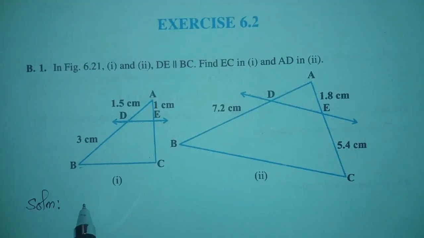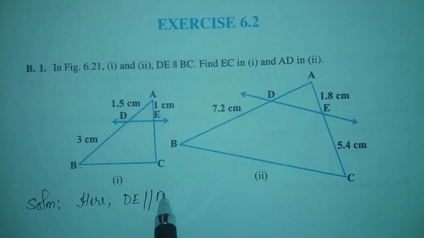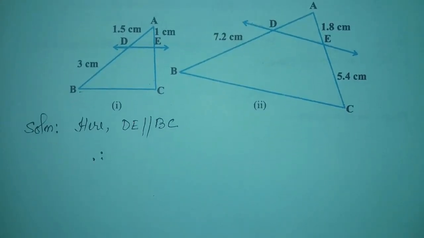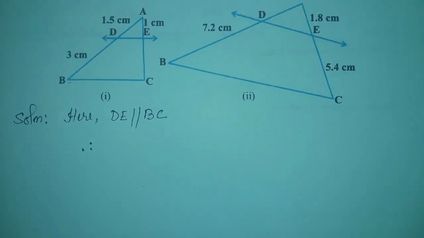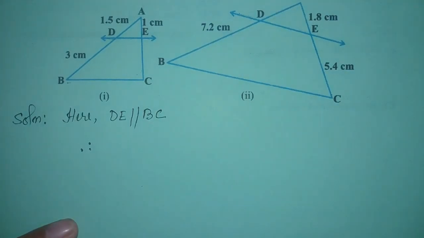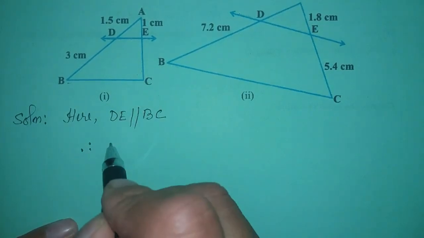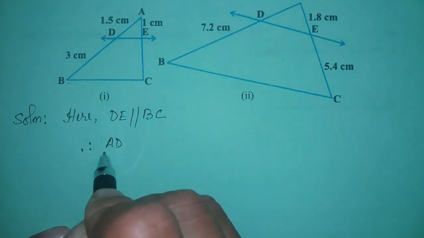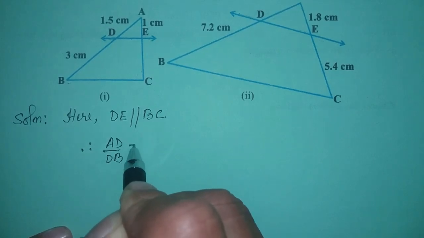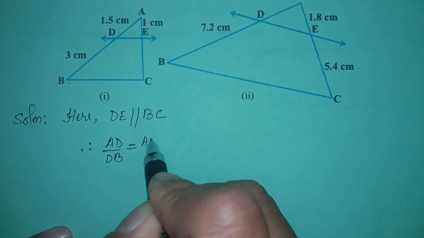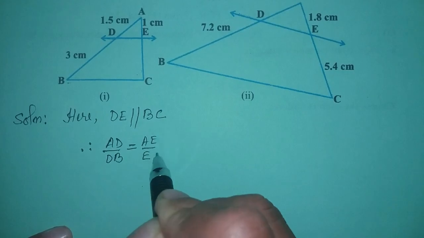So here DE is parallel to BC. Therefore AD by DB will be equal to AE by EC.